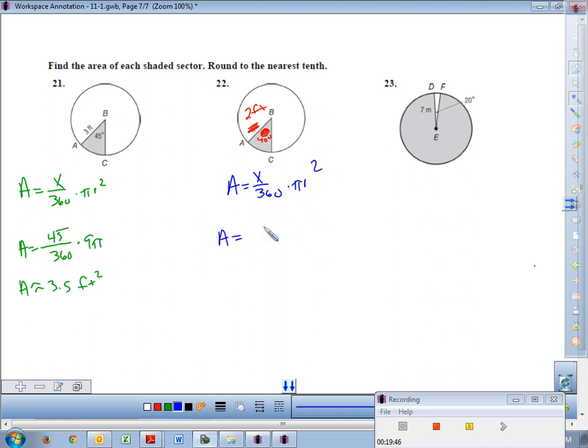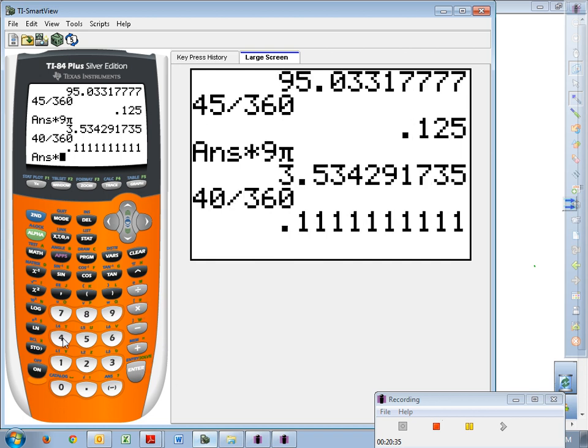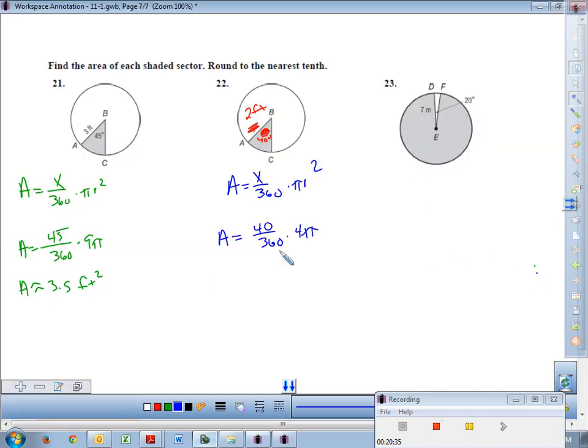The area will equal 40 over 360 times 4 pi, because I squared the radius and stuck that pi with it, and then I'll punch that in. 40 divided by 360 equals times 4 pi. I get about 1.4 square feet.